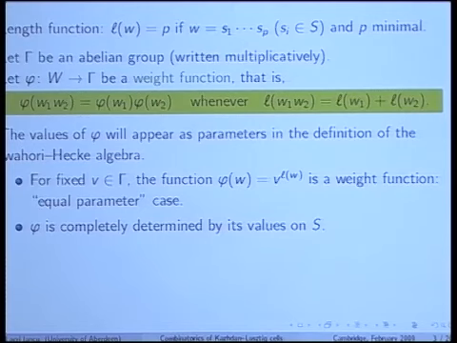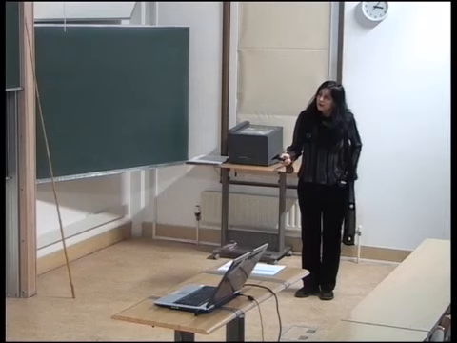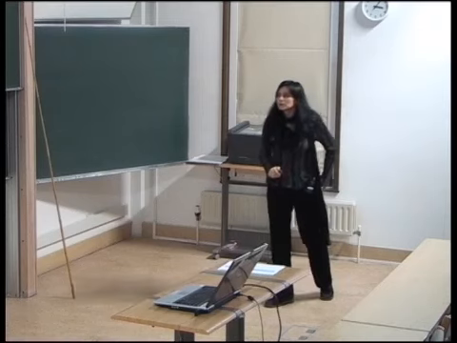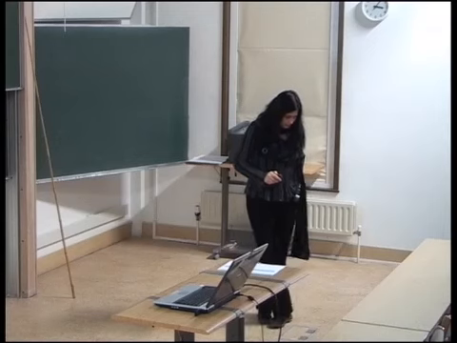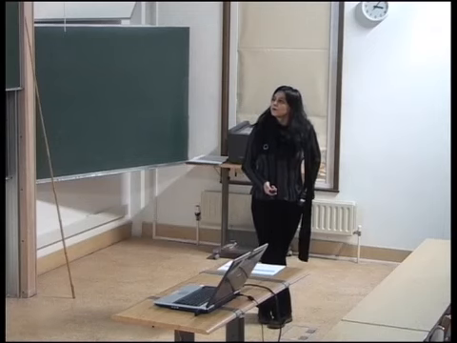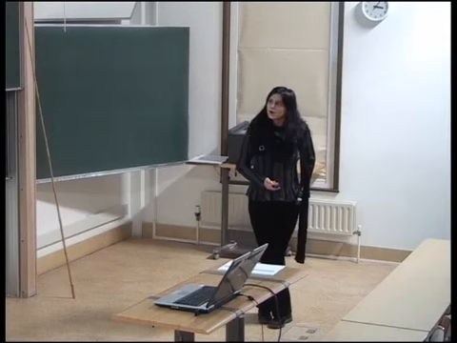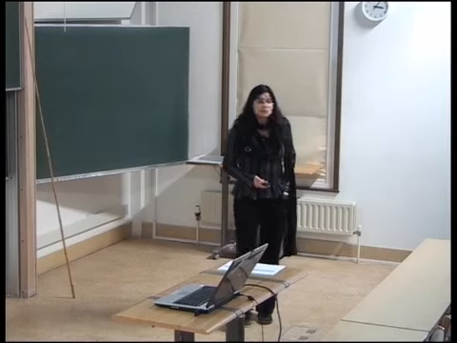Not only that, it's enough to know the values of phi on S, and actually even less than that: it's enough to know the values of phi on the conjugacy classes of generators.